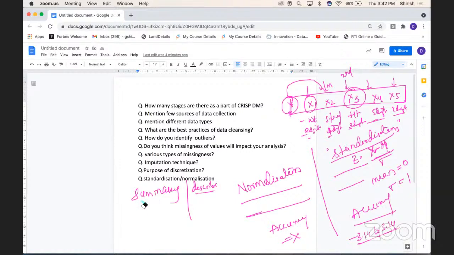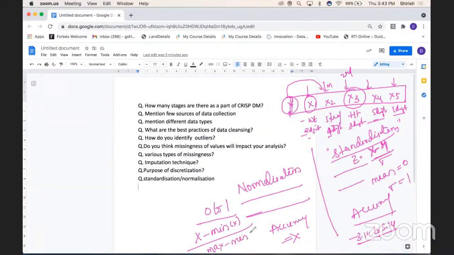Okay. So what do you do in normalization here? When you do normalization, all the values will be brought down to the 0 to 1 range. The formula here is x minus the minimum value of x, divided by maximum minus minimum of x. All the values are brought down to this range, 0 to 1. Here it is minus 3.14 to 3.14.